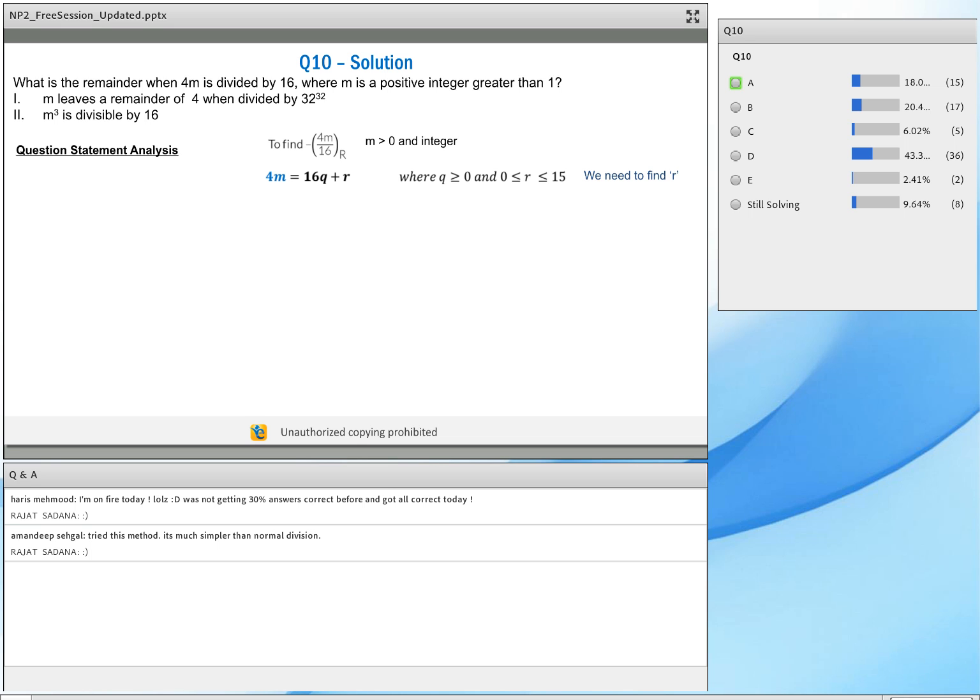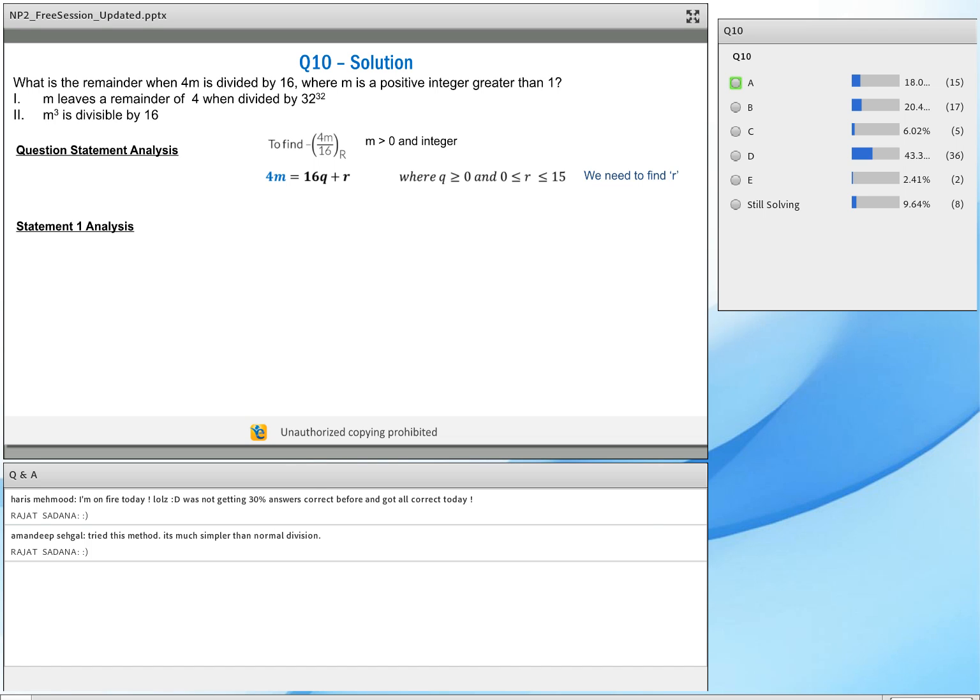In terms of dividend equals divisor times quotient plus remainder, 4m can be written as 16q plus r, where you have a positive quotient and the remainder has to be, of course, less than 16. Why? Because we are dividing everything by 16.